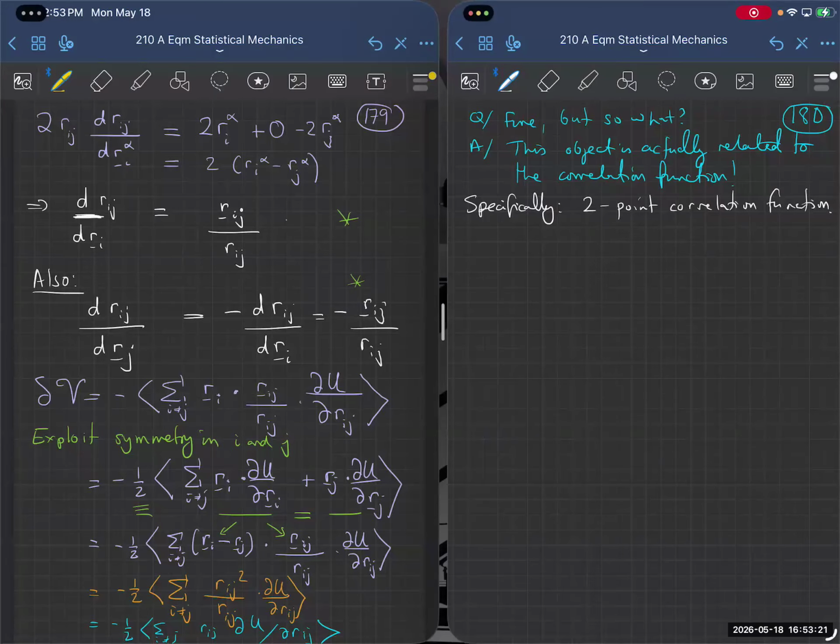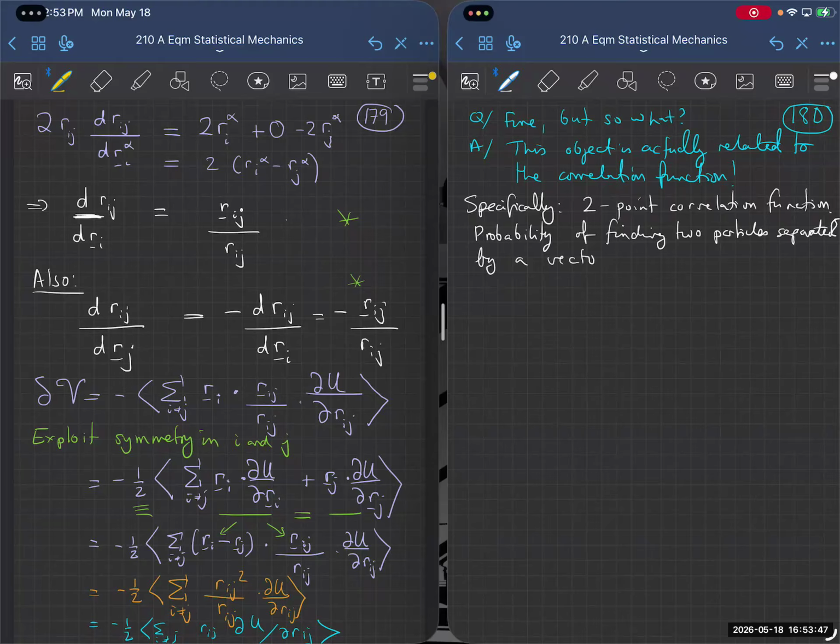And what we're going to be looking at is the probability of finding two particles separated by a vector r in thermal equilibrium per unit volume.